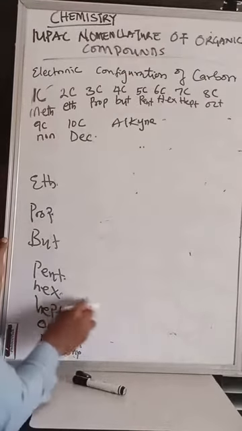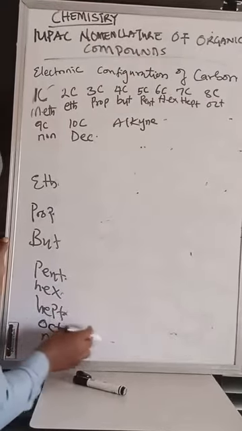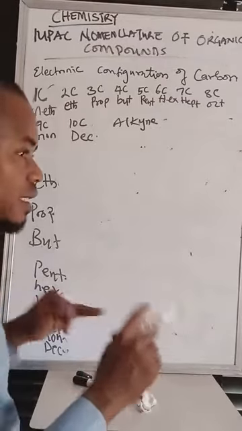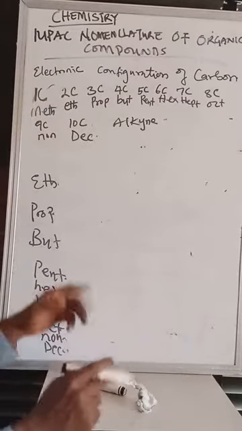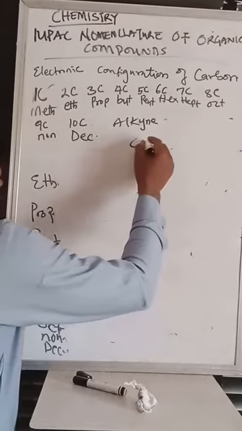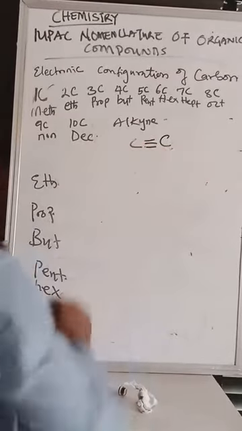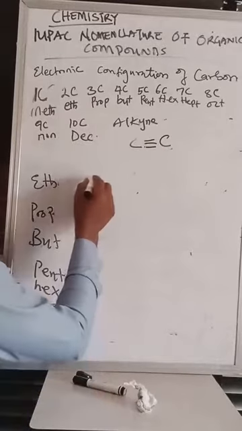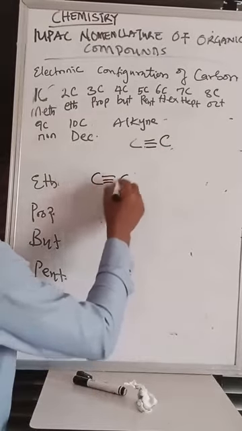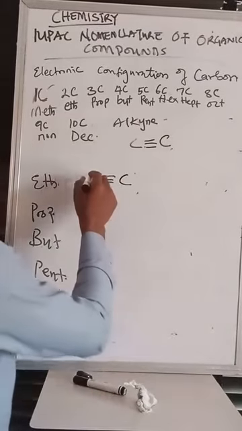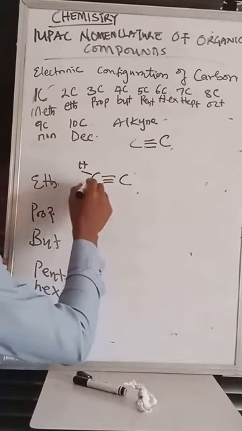Now let's look at the first member of this series. Because there's a triple bond, that's what makes the difference in the alkynes. In the alkenes is the presence of the double bond. In the alkynes is the presence of what? The carbon-carbon triple bond. This is what makes the difference. So for the first member, this is the first member with 2 carbon.